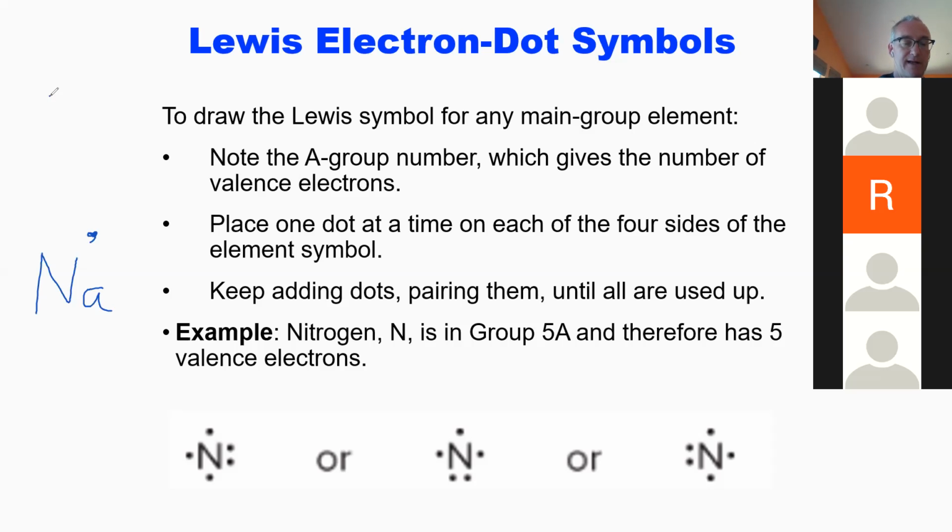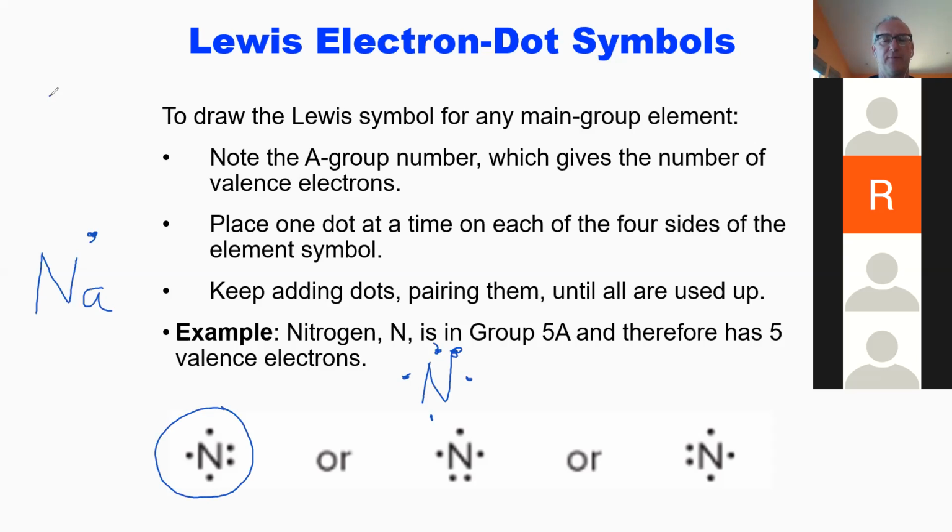So nitrogen here has 5. And remember, for nitrogen we would go 1, 2, 3, 4, and then 5. The reason we did it that way was because we want to see how these electrons are going to be shared.